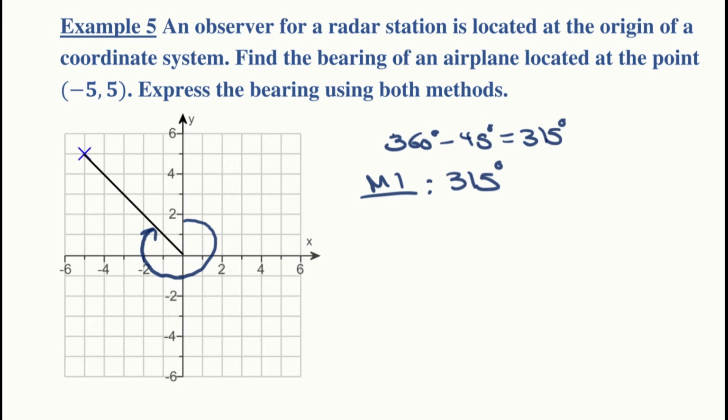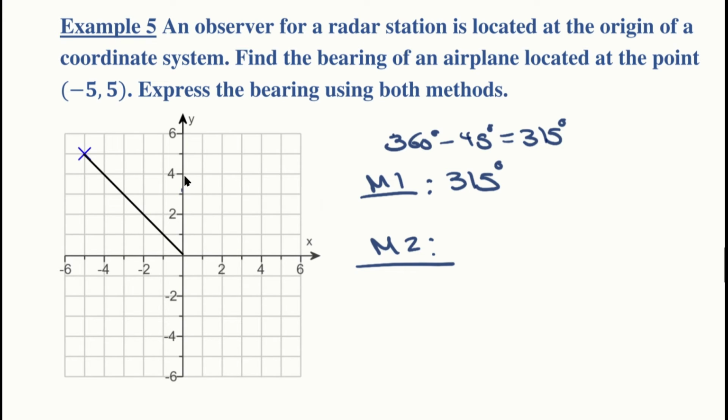Now for method 2, let me get rid of this first. All right, so for method 2, we're going to go with north, right? And then from there, we're going to go this way, which, remember, if you're on the northbound line, west will be to your left.